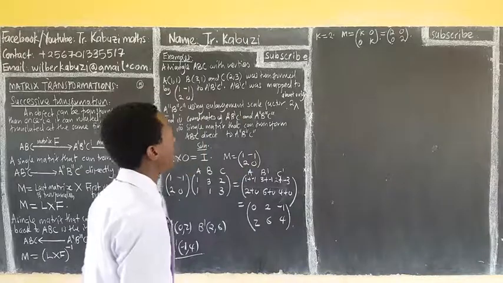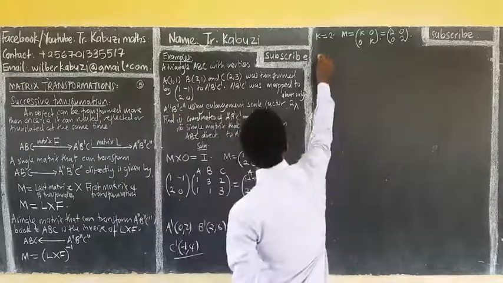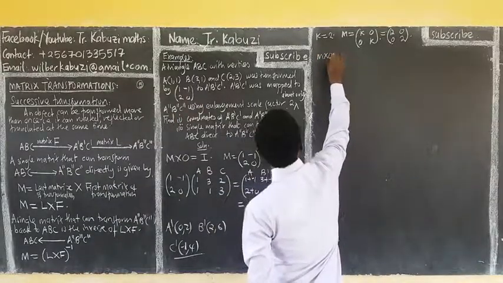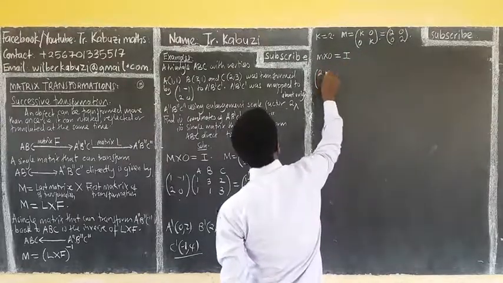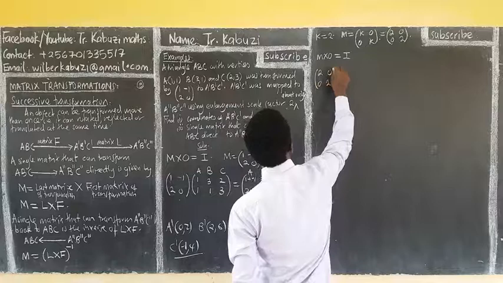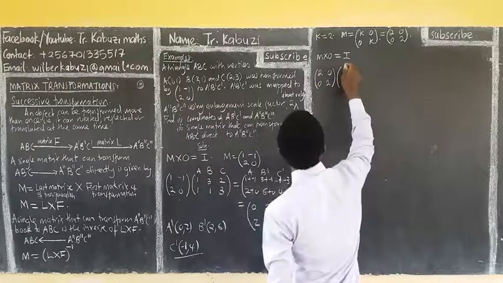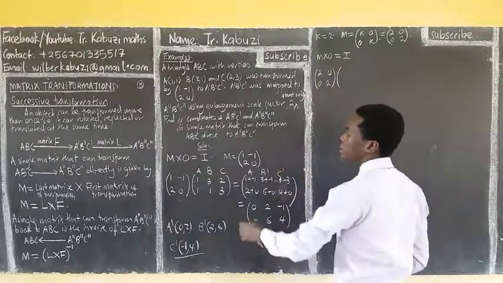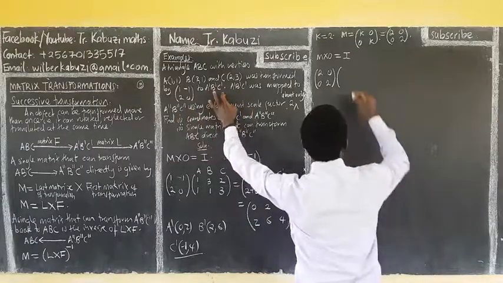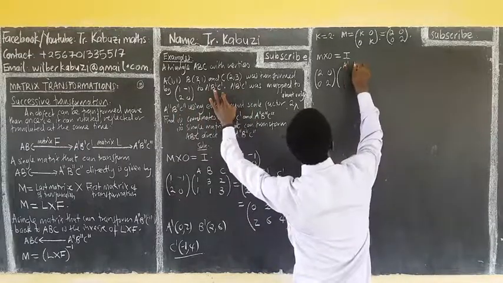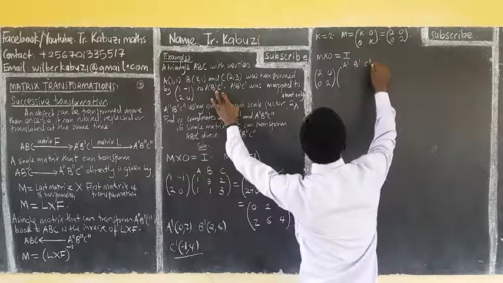Okay, so now I know that my M times the object is going to give the image. Now my matrix is 2, 0, 0, 2, and I'm multiplying it with the object, which is A prime, B prime, C prime.